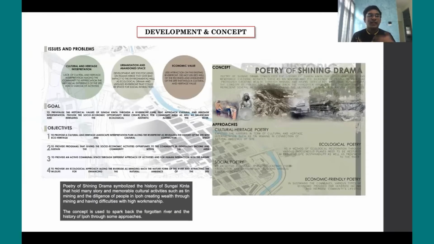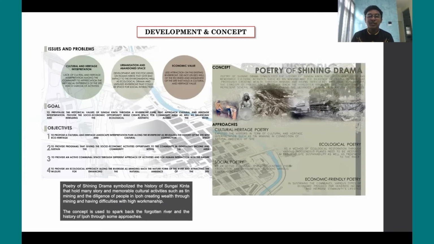Next, I will talk about development and concept. My concept is the portrait of the shining drama that symbolizes the history of Sungai Kinta, which holds many stories and memorable cultural activities such as tin mining and the diligence of the people in Ipoh creating wealth through mining and having difficulties with high workmanship.